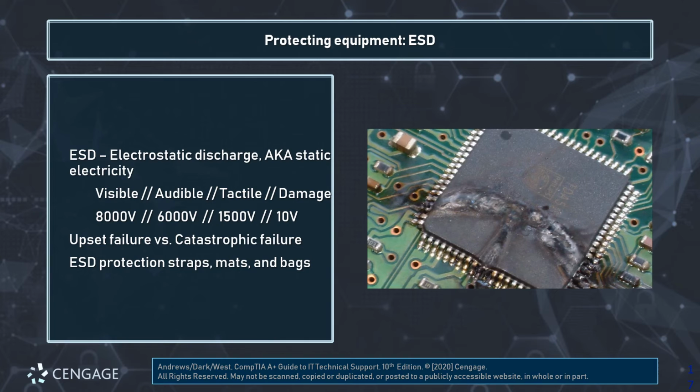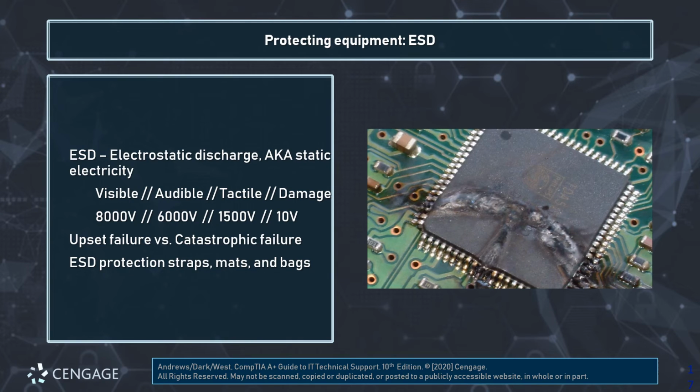I've included the basic thresholds, the average levels at which different types of damage occur. So visible discharge of static electricity, where you actually see the spark, occurs at around 8,000 volts or 8 kilovolts. Audible discharge, where you hear the pop, is about 6,000 volts, 6 kilovolts. Tactile discharge, where we can actually feel it, human beings would be like, that little zap, that hurt, is 1,500 volts, 1.5 kilovolts.